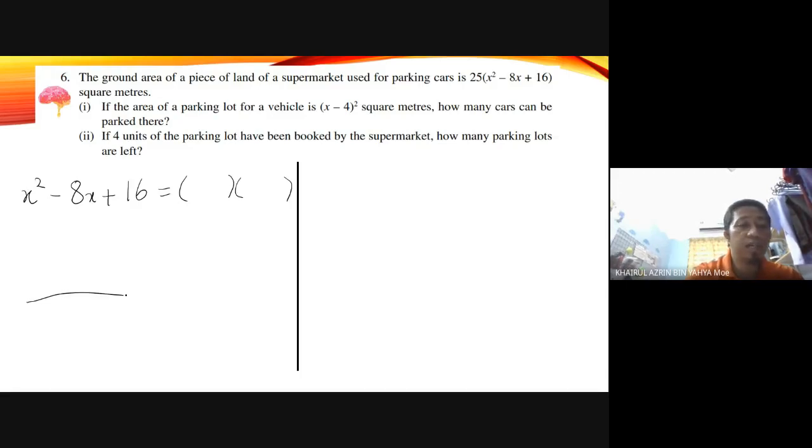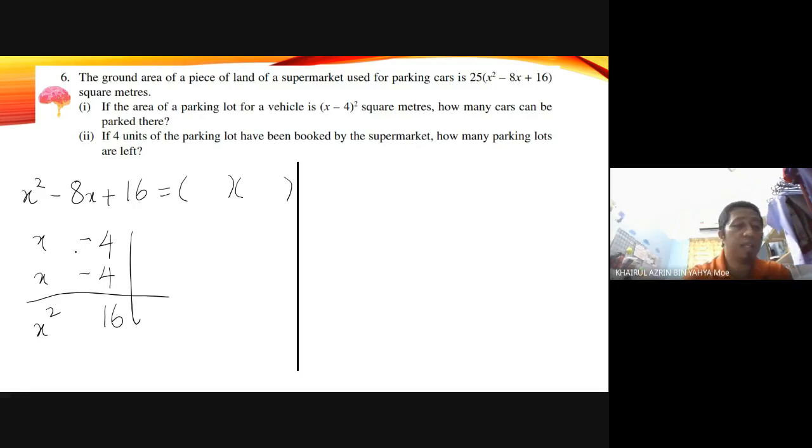We learned already how to do this one. So x squared is x times x, and 16 is 4 times 4. But if we check here, in the middle is a negative 8x, so this should be negative, negative.